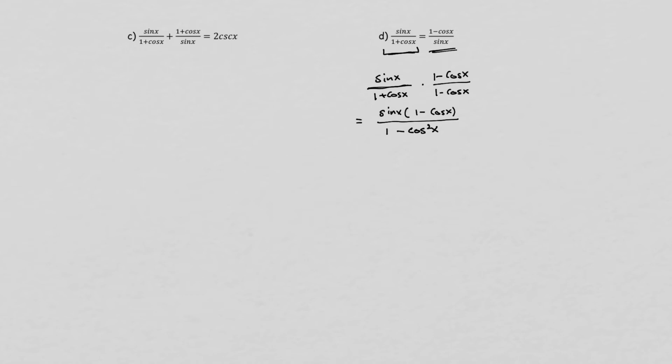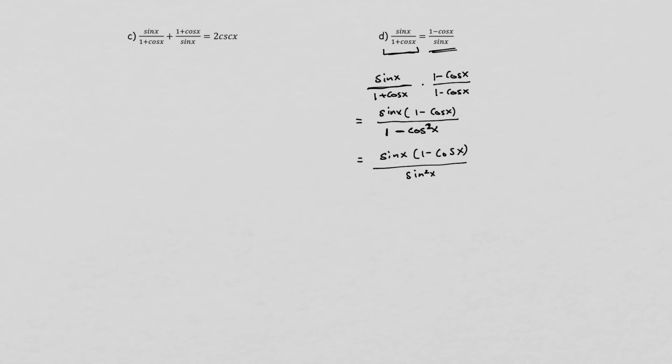And because you have 1 minus cosine square, that's the Pythagorean identity. So because of the square, what I can do is change that into sine square x, right? Using the Pythagorean identity. This is equal to that.